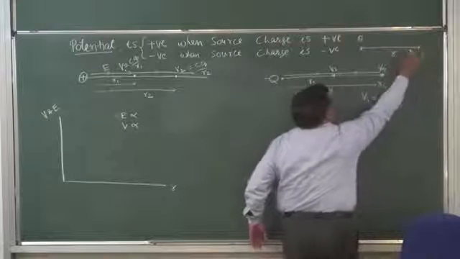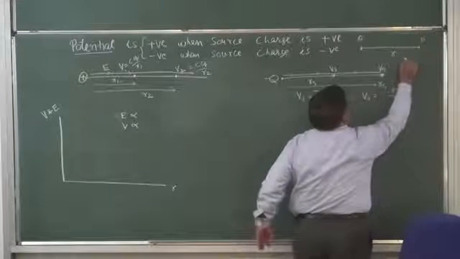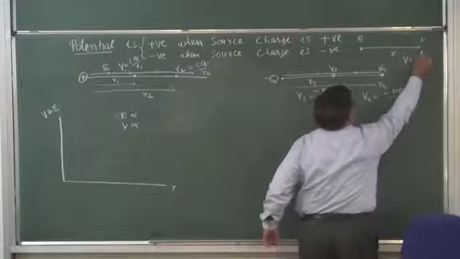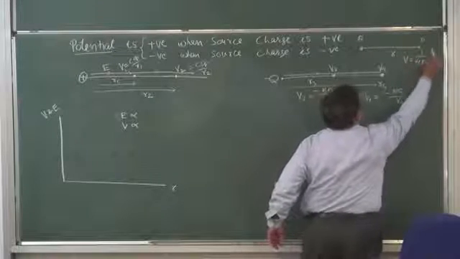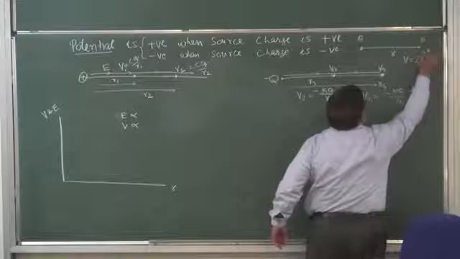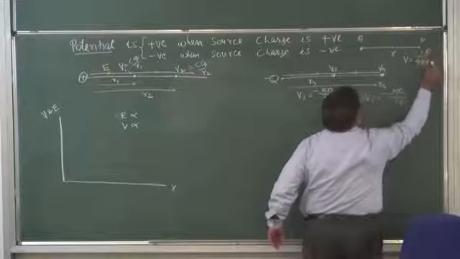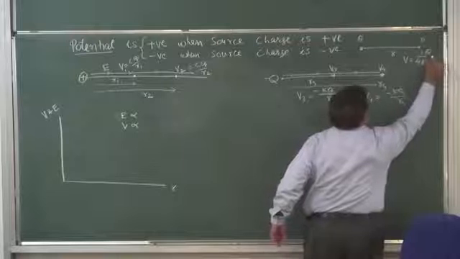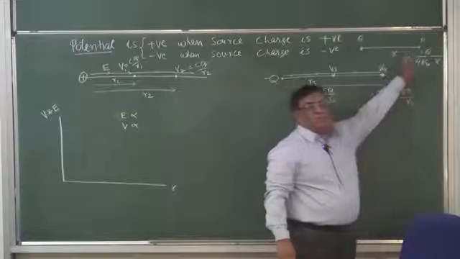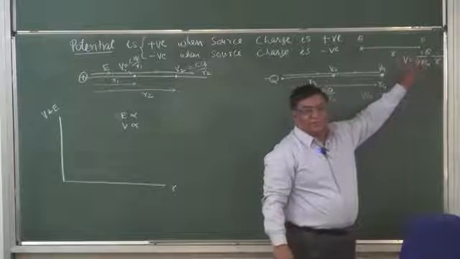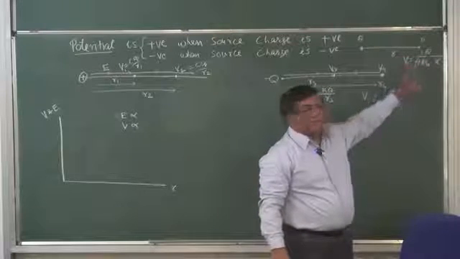At this point P, the potential V is equal to Coulomb's constant, 1 upon 4 pi epsilon naught, and Q, and here is R. This is what we have derived in the previous class. Is it clear to you?